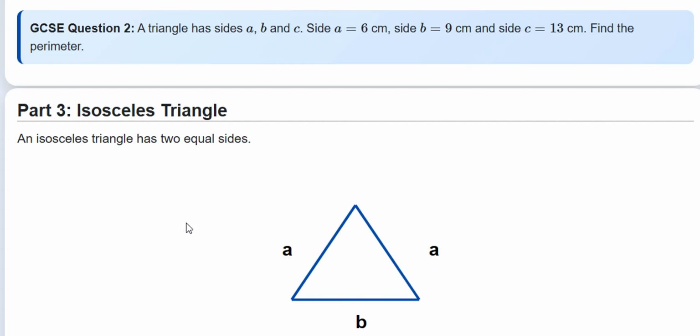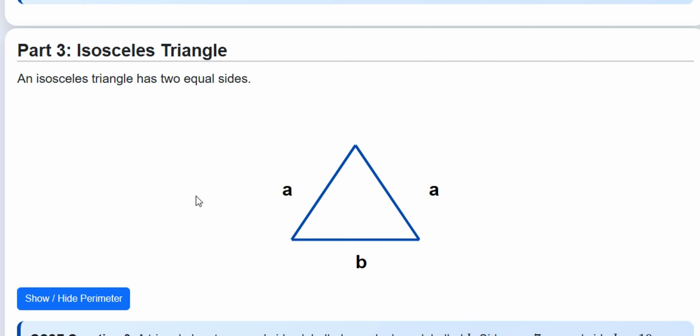So now, in this example, we are dealing with an isosceles triangle. And an isosceles triangle is one where two of the sides are equal, but one side is not equal to the others. So, for example, in this case, we have this triangle here, where this side and this side are equal, but both sides are not equal to this side.